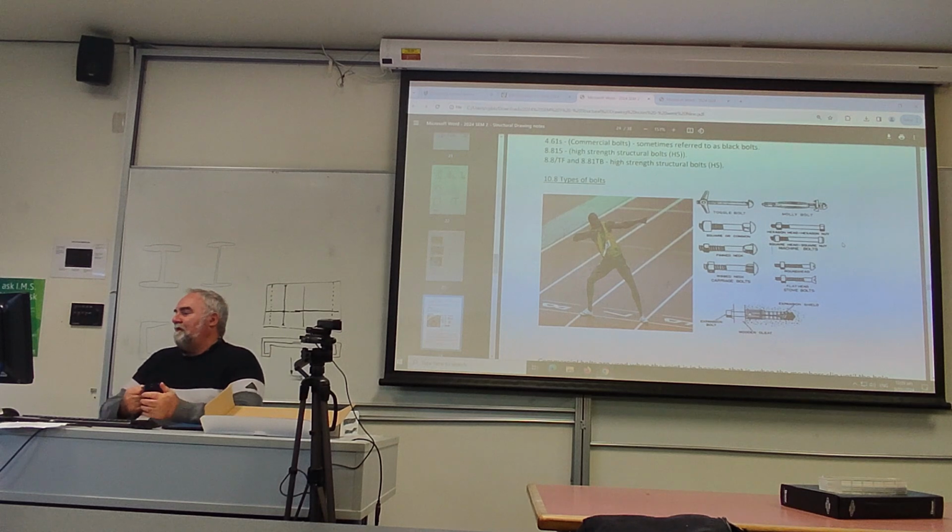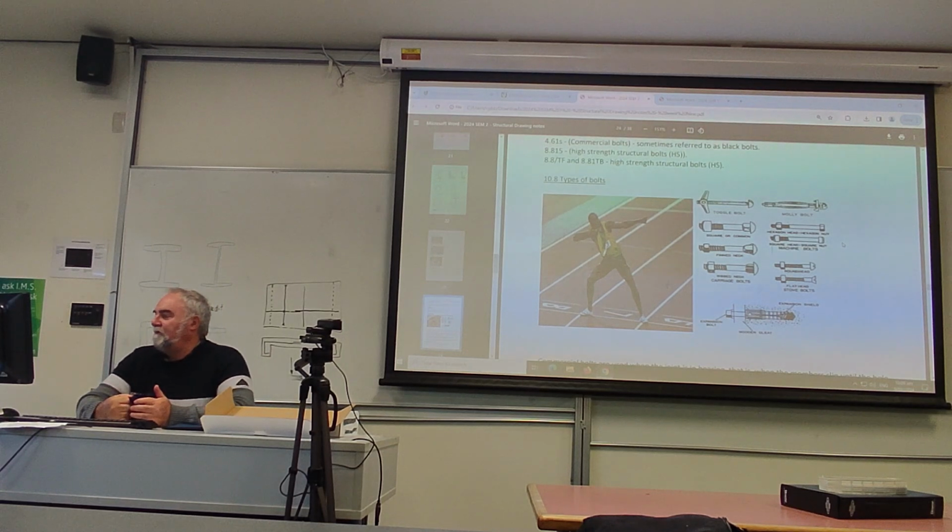The bolts range from curved bolts right through to bolts that go into concrete, like at the bottom there, and they tighten up within the concrete so you can't pull the steel member away from the concrete.